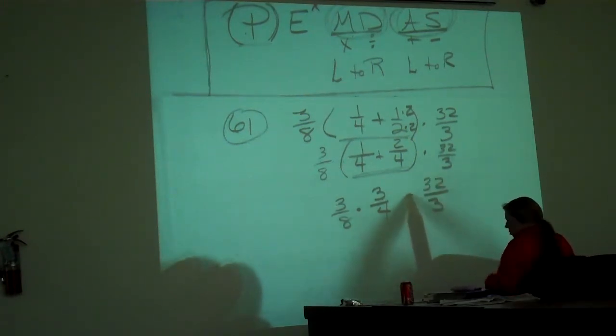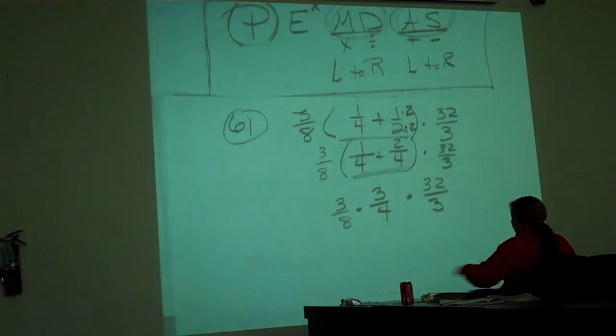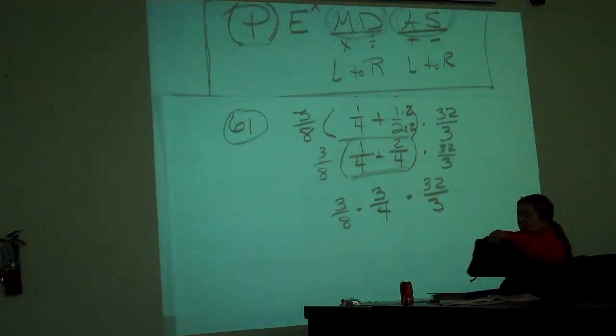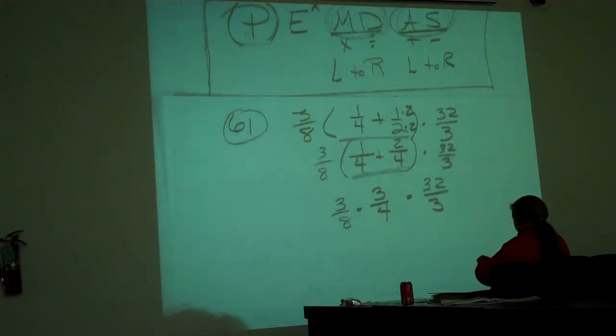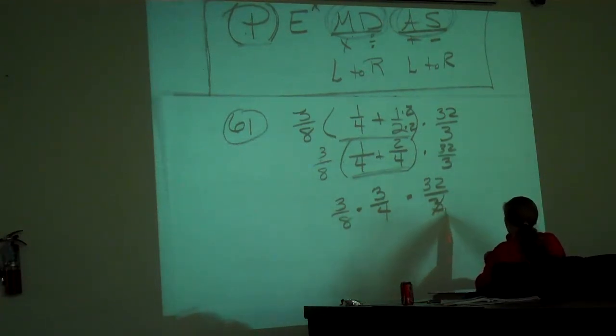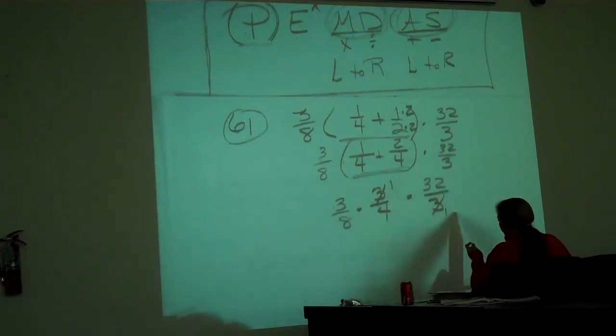You can go left to right, but since they're all multiplied, you remember how we had a few fractions multiplied? We could multiply them all at once. So you can actually cancel any top and any bottom here. The 3's, you can divide by 3, just one top and one bottom.